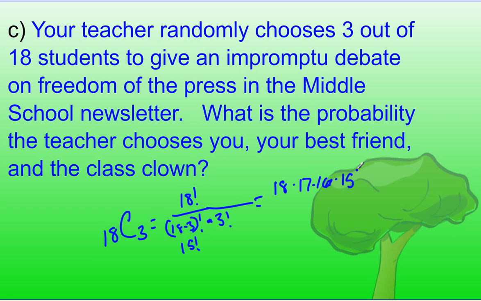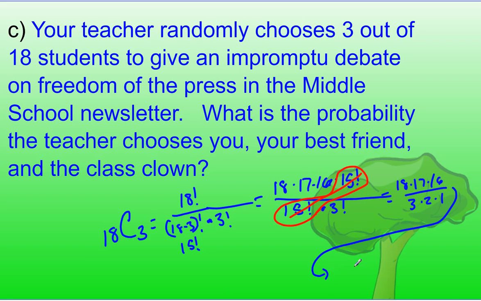And 15 factorial: 15, 14, 13, 12, 11, 10, 9, 8, 7, 6, 5, 4, 3, 2, 1. On the bottom, we've got 15 factorial times another 3 factorial. Well, my 15 factorials are going to cancel. So I'm left with 18 times 17 times 16 over 3, 2, 1.